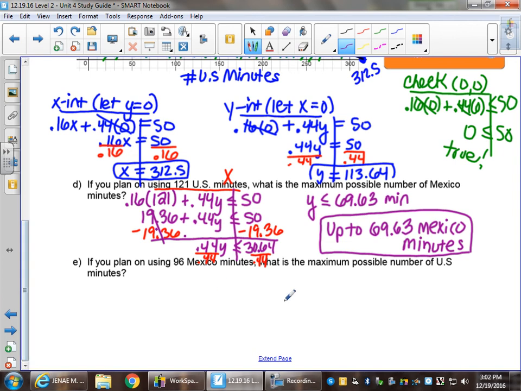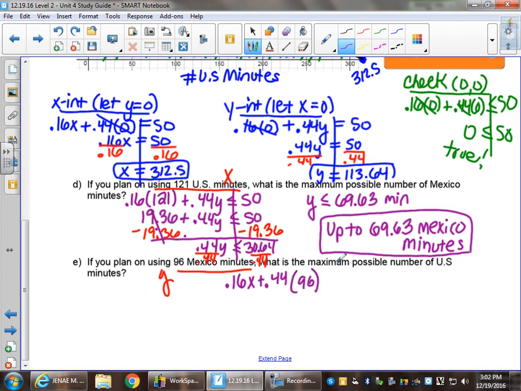For part E, if you plan on using 96 Mexico minutes, what is the maximum possible number of US minutes? So the Mexico minutes, recall from how you defined your variables, that's a value for Y. So now it'll be 0.16x plus 0.44, and now we have something to substitute in for 96.